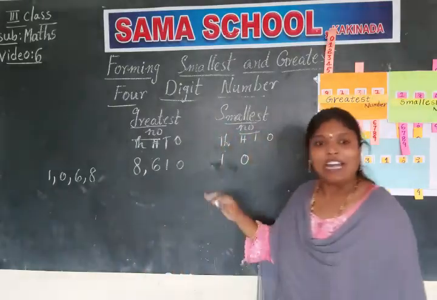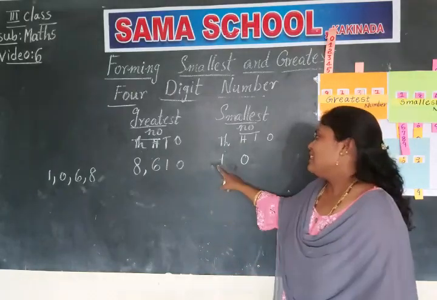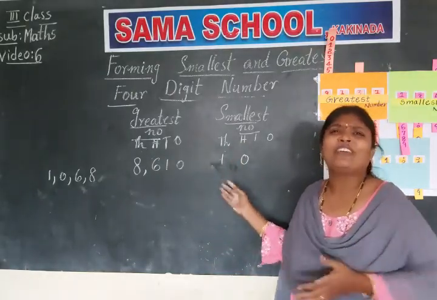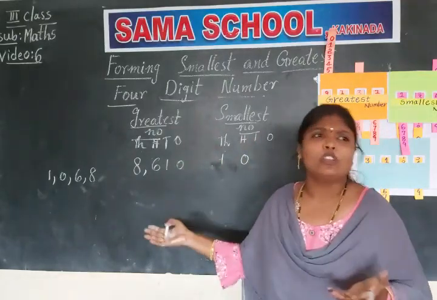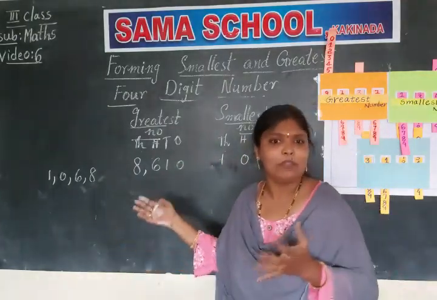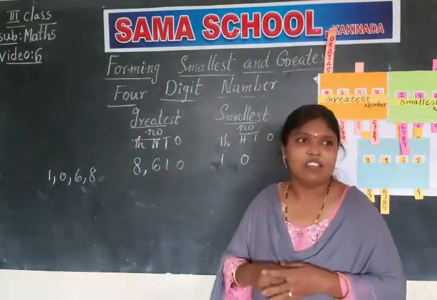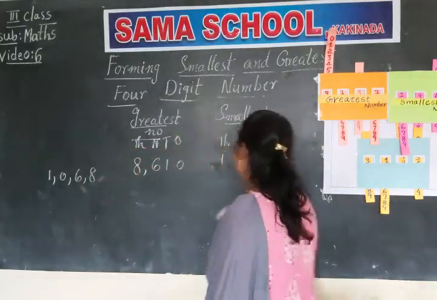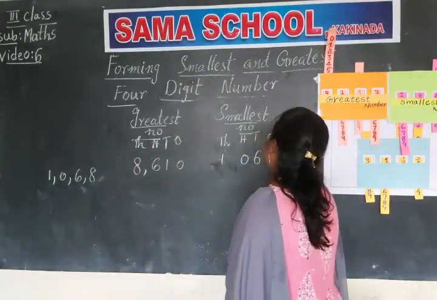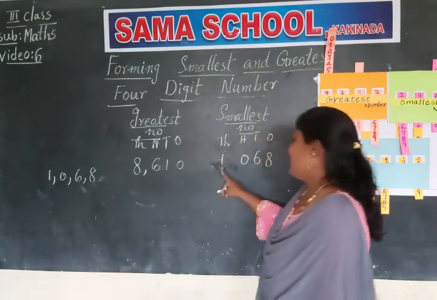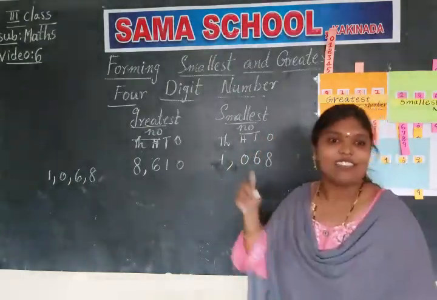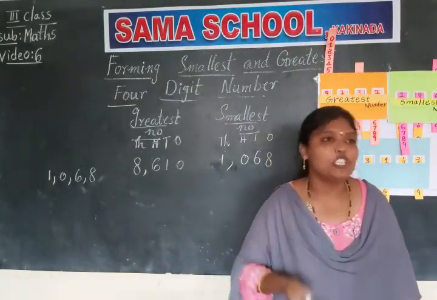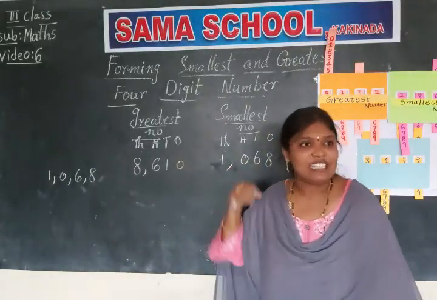So write 1 in thousands place. These two are friends, so they have exchanged their places. The next, you have to follow the same thing. The next smallest digit is 6 and at last is 8. So 1068 is the smallest number which is formed by using these digits.